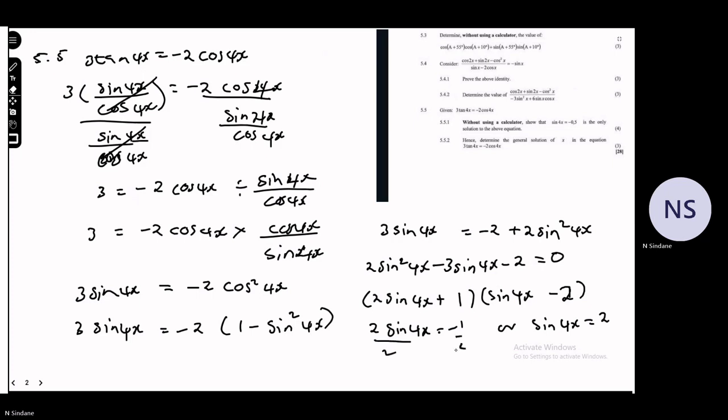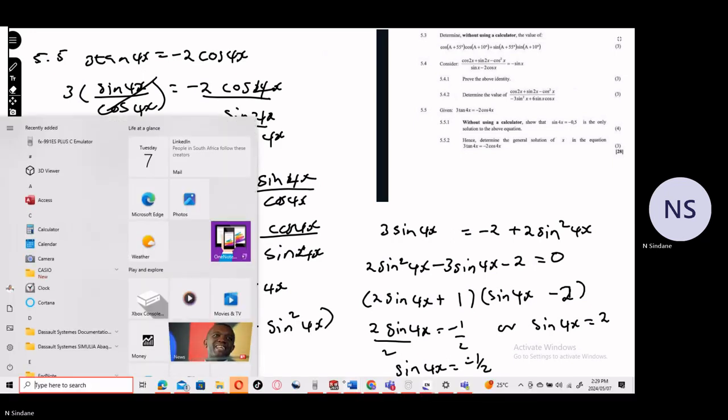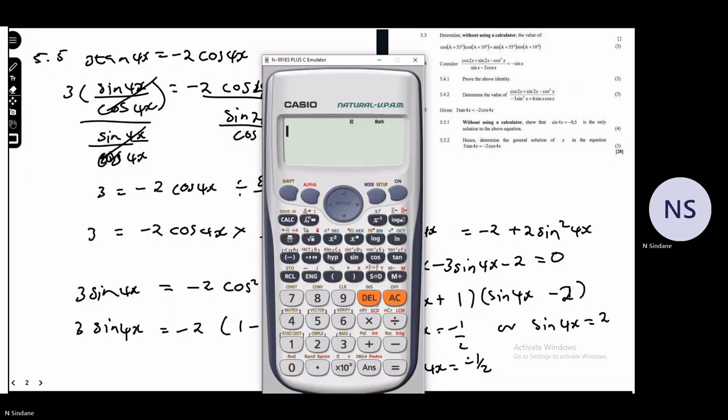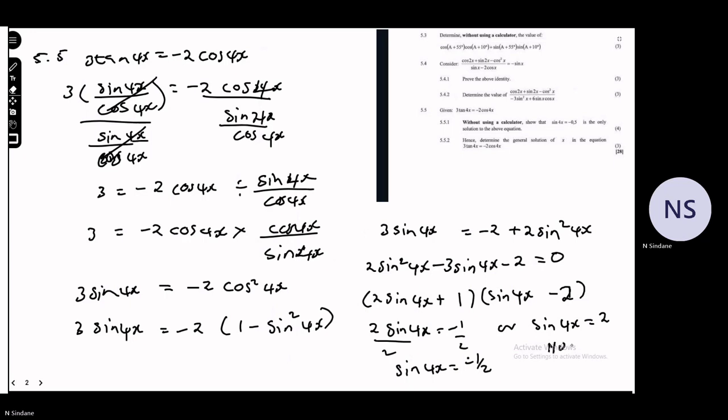Then if I divide by 2, sine of 4x is equal to negative 1 over 2. Then let's see our calculator. Sine inverse of 2. Math error. So no solution for this one.